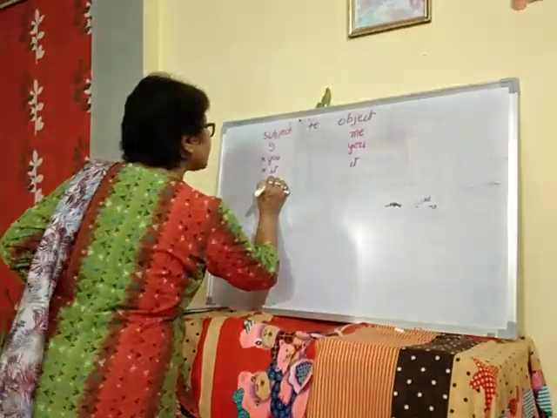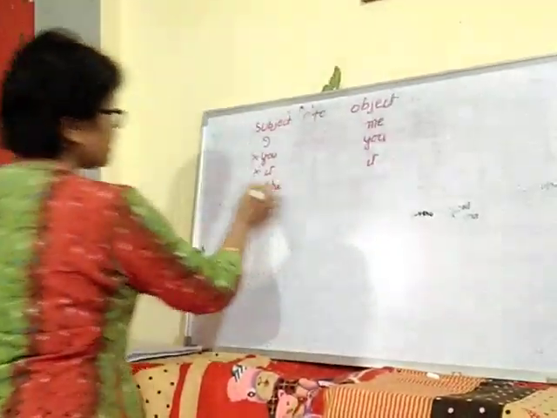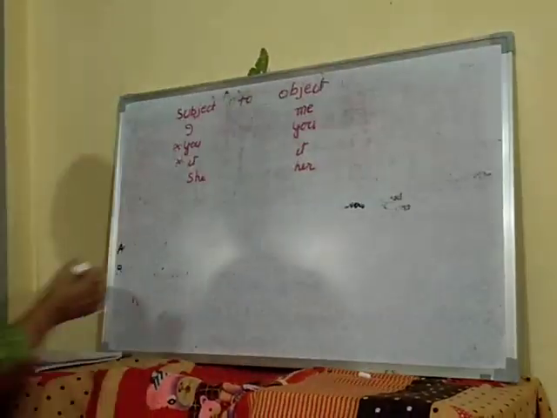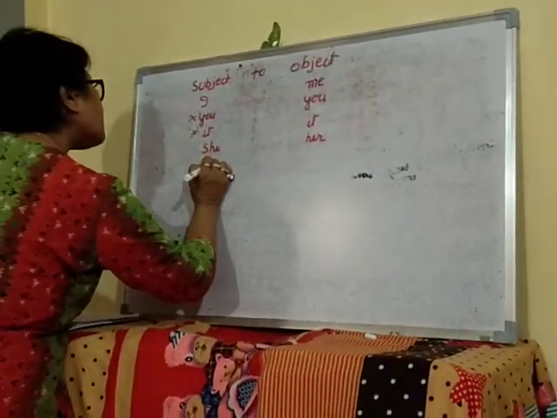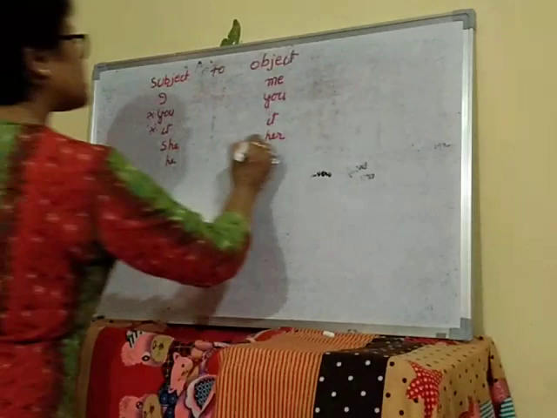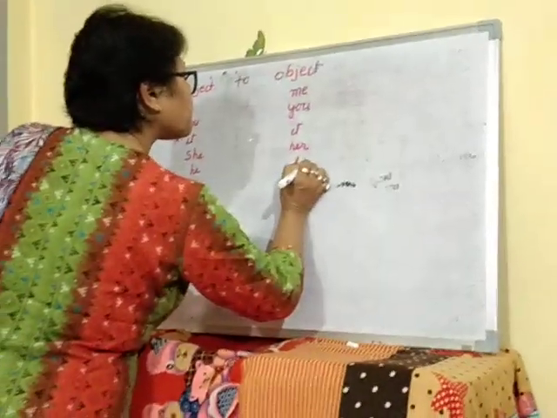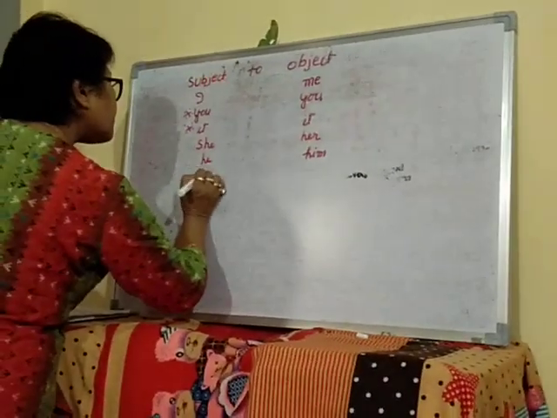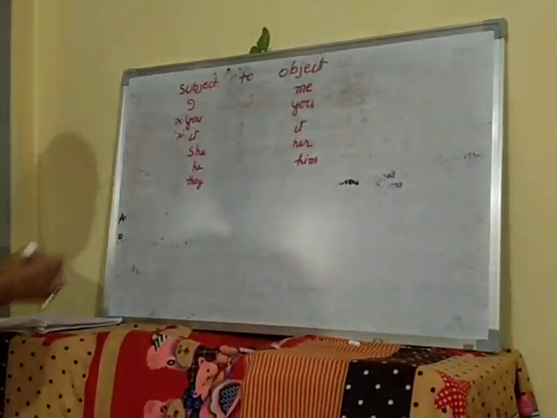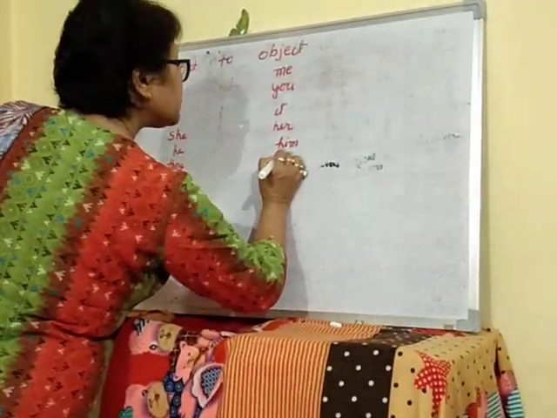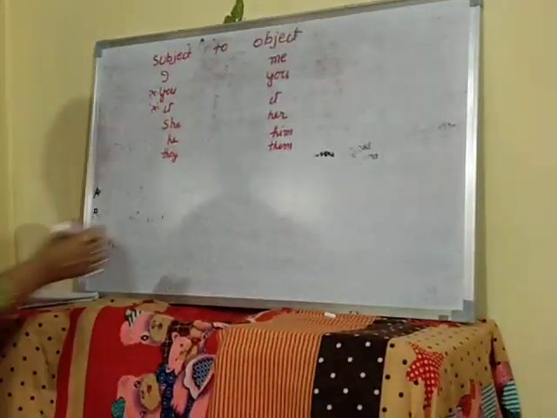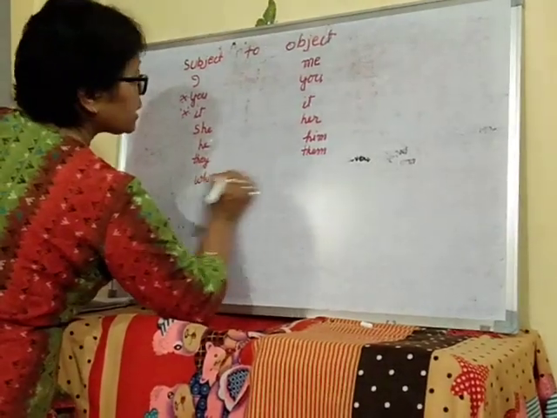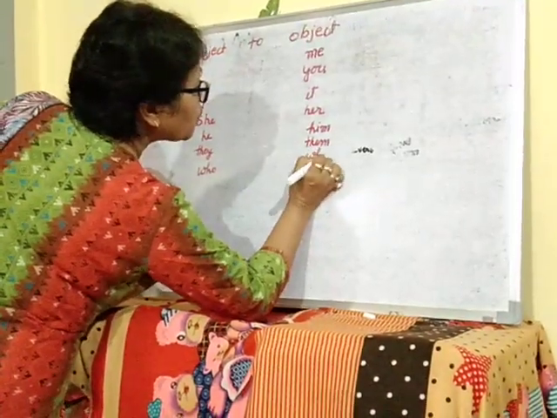Now you see she. Subject she is changed to object her. Again, subject he is changed to object him. Then subject they is changed to them. Then subject who is changed to whom.